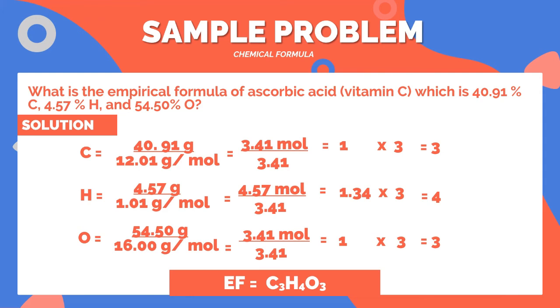Therefore, we would get 3, 4, and 3. These are now the number of atoms present in the compound: carbon will contain 3 atoms, hydrogen 4 atoms, and lastly, oxygen 3 atoms. Therefore, the empirical formula for ascorbic acid is C3H4O3.